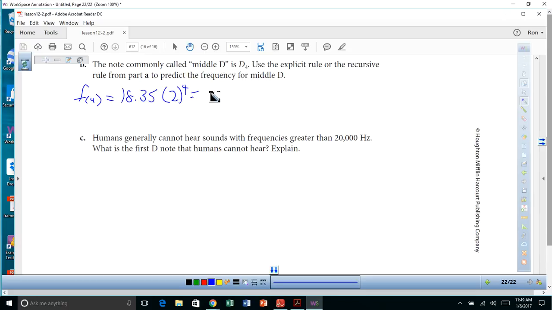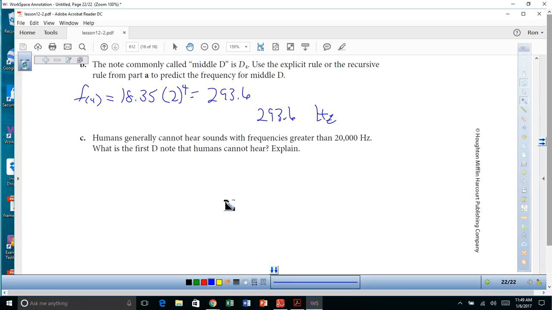Let's see, you put that in your calculator, you're going to get 293.6. So the frequency of middle D is about 293.6 hertz.